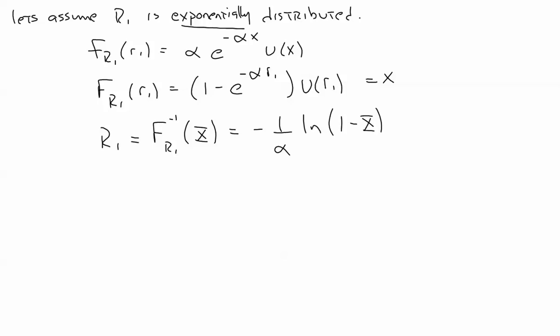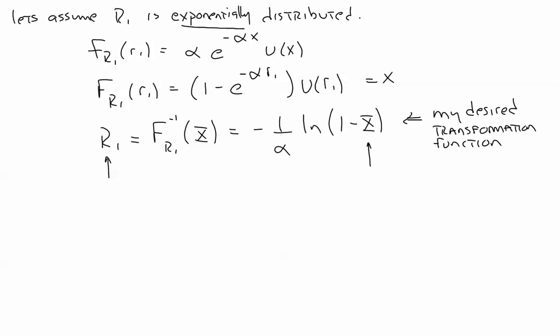We've calculated this earlier. So if x here is uniformly distributed on 0 to 1, I will end up with values r sub 1 that are exponentially distributed.